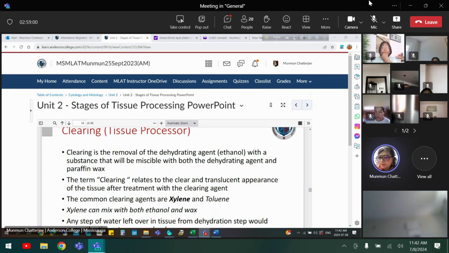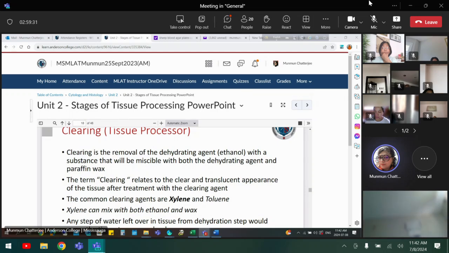The term clearing relates to the clear and translucent appearance of the tissue after treatment with the clearing agent. When all the water has gone, you can see the tissue looks transparent. That is the clear. All the other things have gone. Tissue is transparent. The common clearing agents are xylene and toluene. Xylene can be mixed with both ethanol and also paraffin wax.